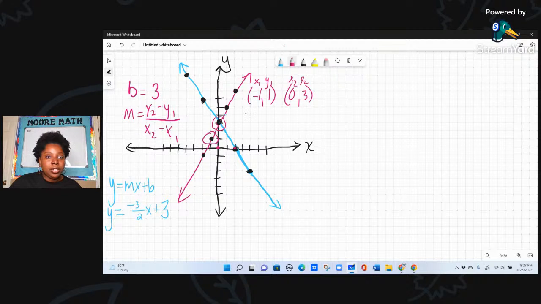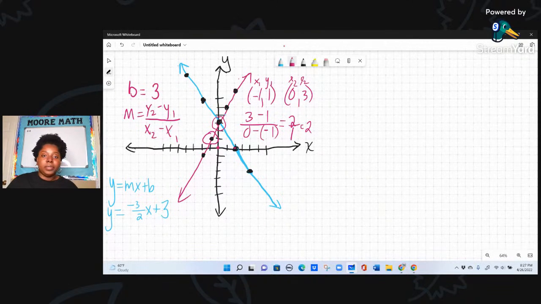So here's my y2: 3 minus 1. Again, start in the same order: 0 minus -1. My double negatives turn into a positive, so it's really 0 plus 1, which is 1. And 3 minus 1 is 2. So your slope is 2.